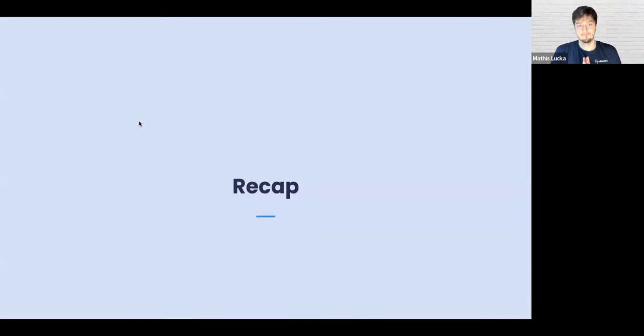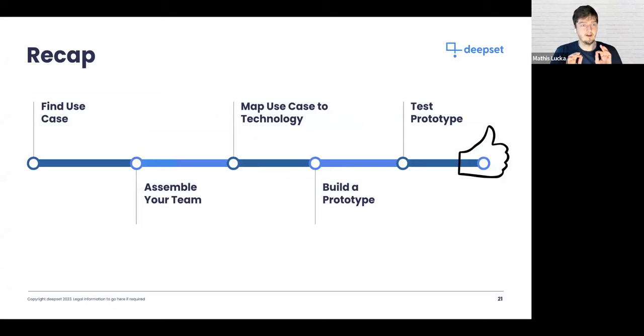All right, let's recap. We found our use case. We got the technical people and the business people into a room. We brainstormed a long list of use cases. We prioritized value versus effort, and we picked one that has measurable business value.